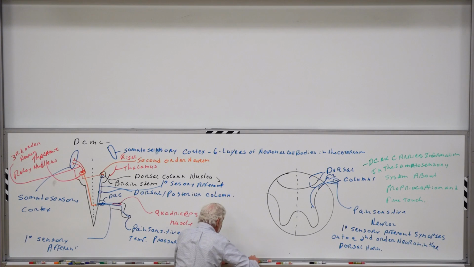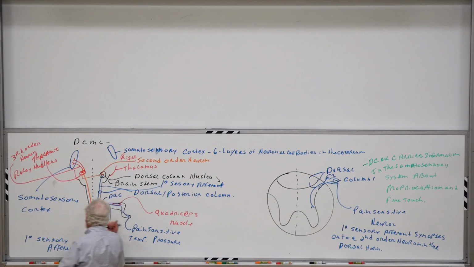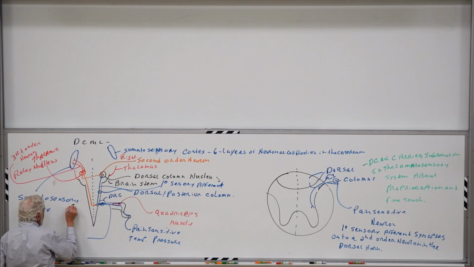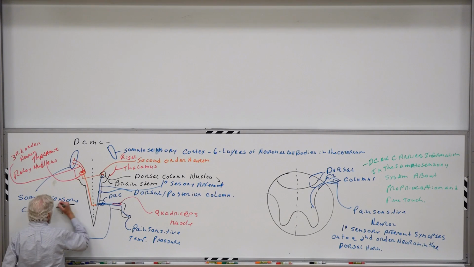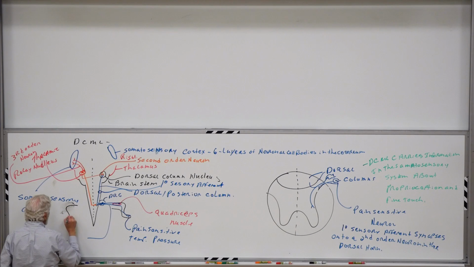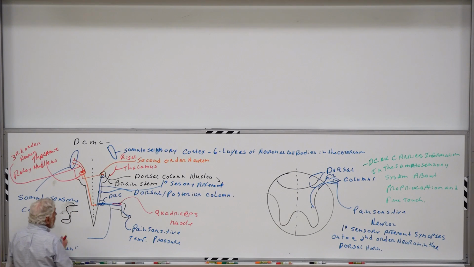So here on this side is the right leg. No, the left leg, I'm sorry. And the pattern is the same. There's the quadriceps muscle. The primary sensory afferent has its neuronal cell body here in the dorsal root ganglion.